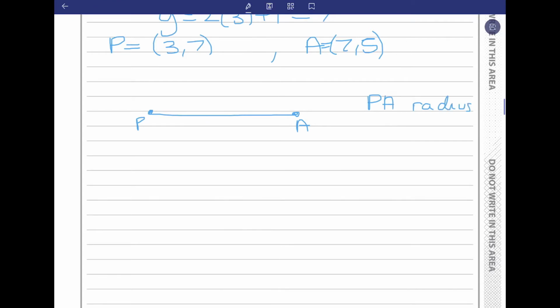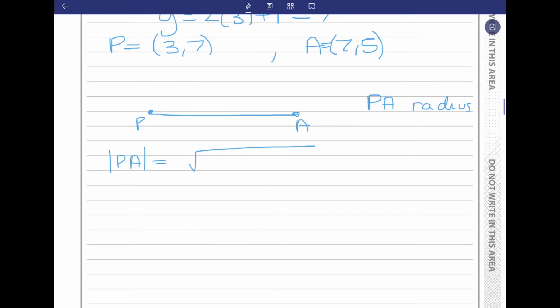So in order to find the length of PA, which we can denote as this, we use Pythagoras theorem, and we do the difference in the x's squared plus the difference in the y's squared. Now it doesn't matter which way you do this as long as you stay the same. So if you do x2 minus x1 squared, you then do y2 minus y1 squared, and so on.